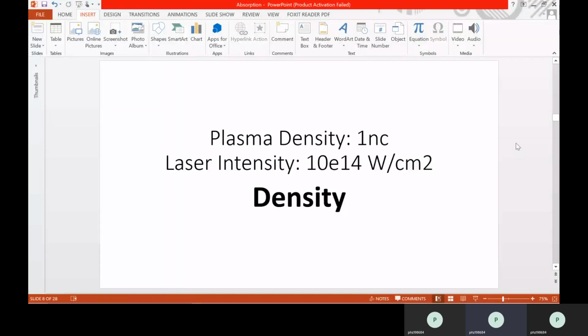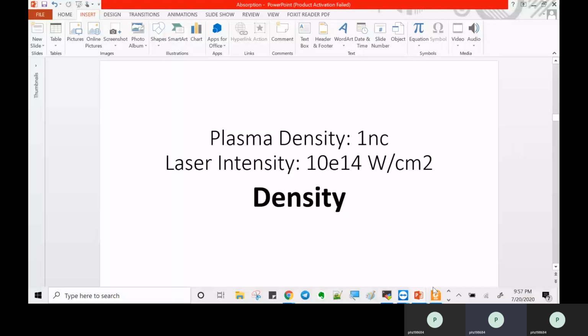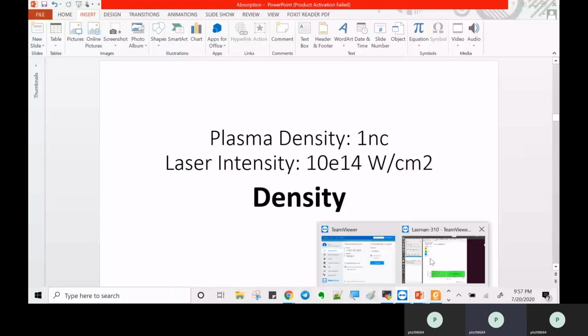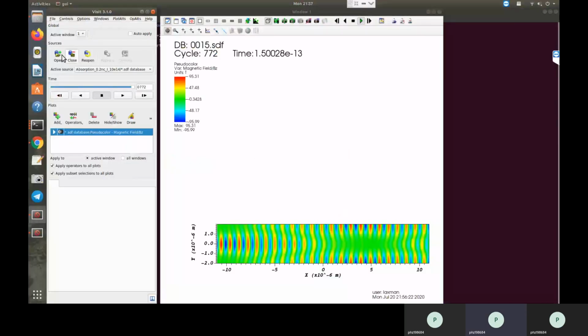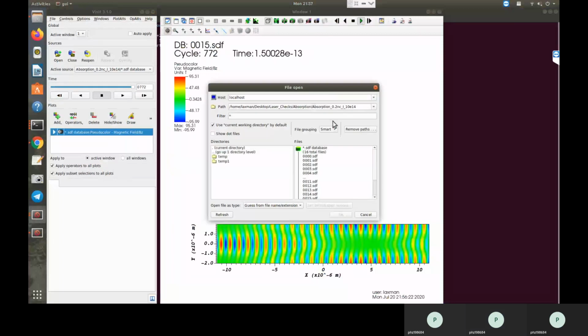So let's plot all these curves for this case also. Okay, let's move this. One Nc. Let's first plot the density variation.